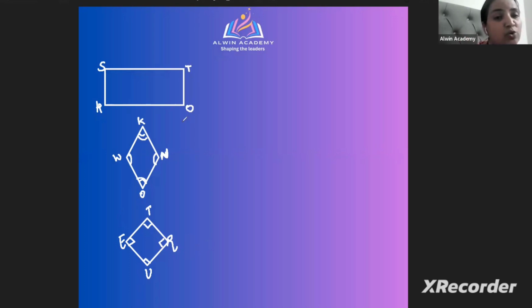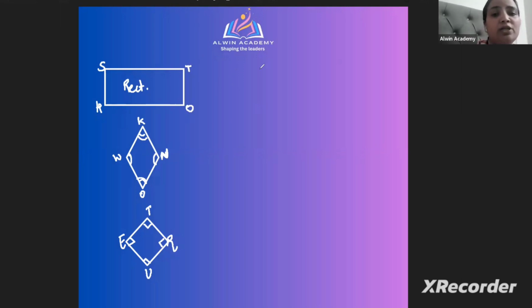Now this SHOT, which is a rectangle. This rectangle, let's write the properties for it first. So the first two properties for parallelogram and rectangle are the same. So quickly write it down and try to be a little spacious. In both the diagrams, there should be 5 lines of difference. Why am I telling you to do this?